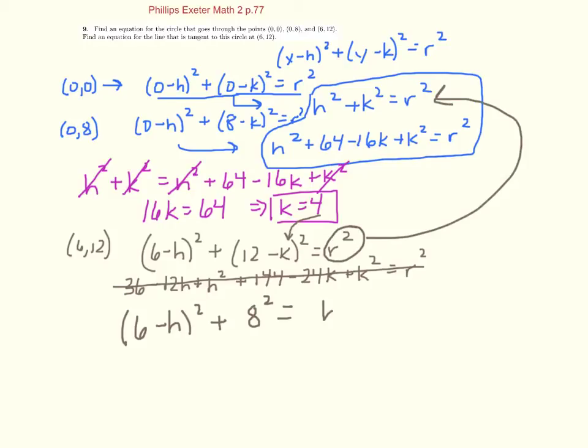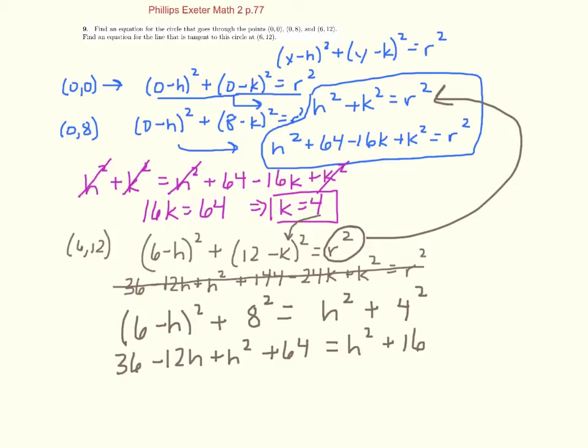go that equals h squared plus, well, k was 4. 4 squared. So I basically take the two equations, plug the k back in. Now when I simplify this back out, I get the 36 minus 12h plus h squared plus 64 equals h squared plus 16.